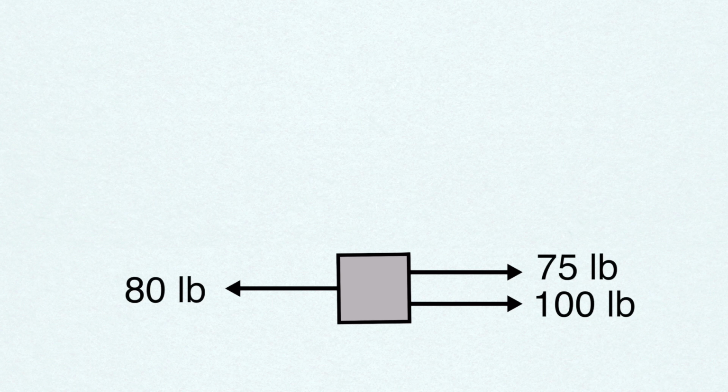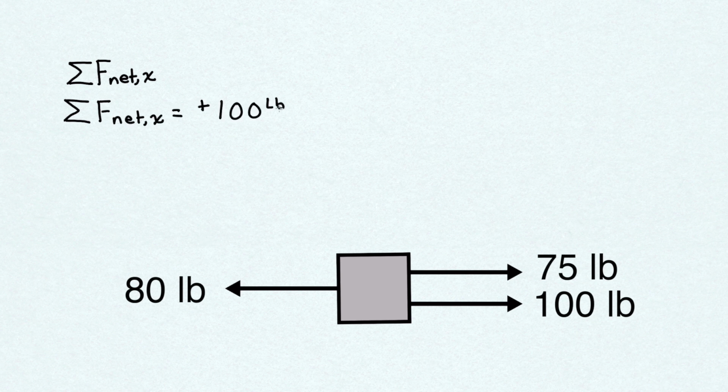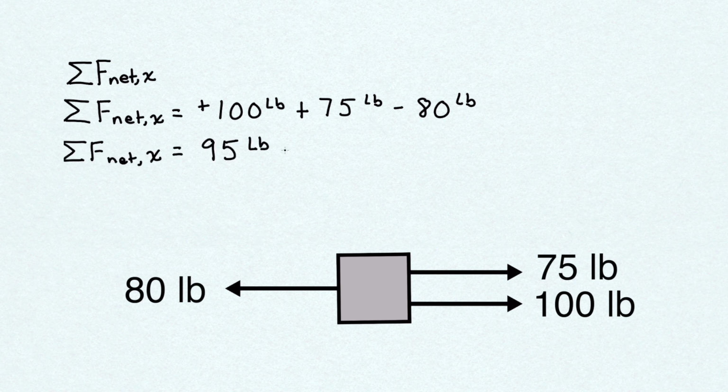So to find the resultant force, you take the summation of the forces, the net force in the x direction, plus 100 pounds, plus 75 pounds, and then minus, because it's in the opposite direction, minus 80 pounds, to get a resultant force, or net force, of 95 pounds going in this direction.